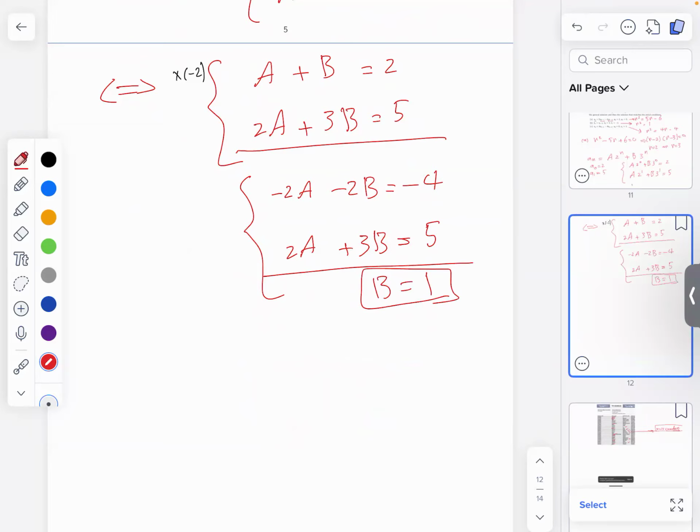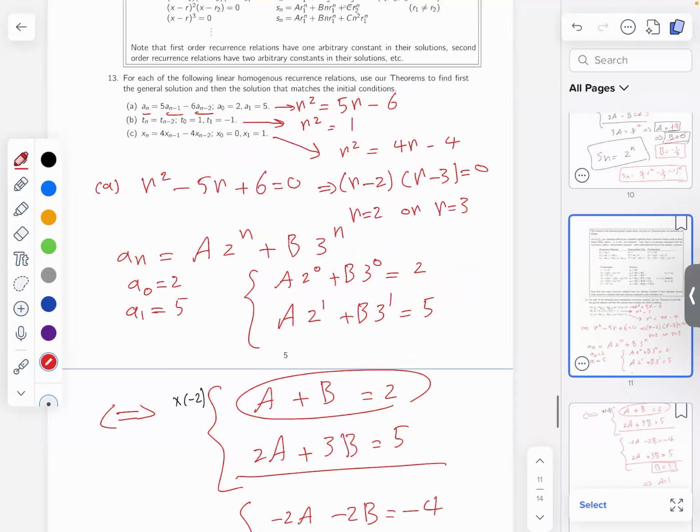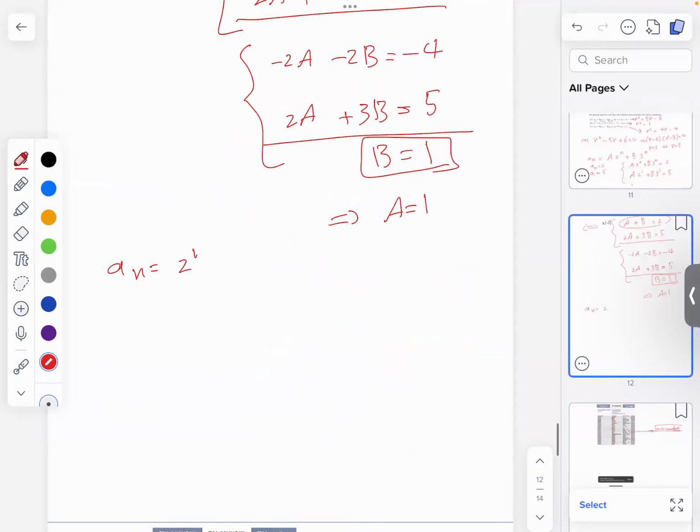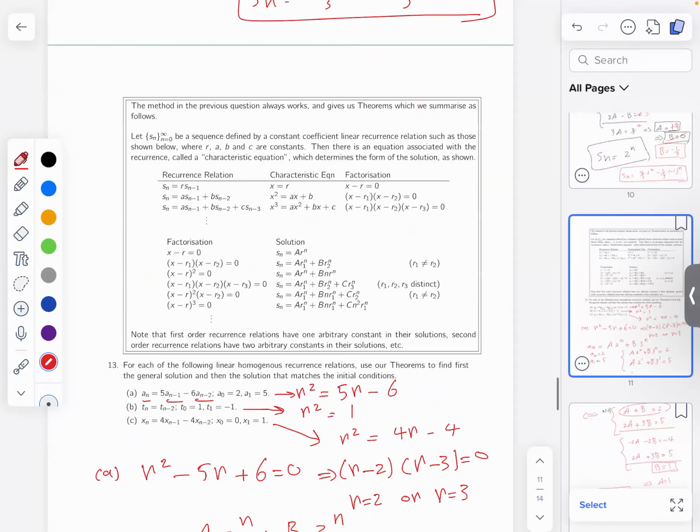And if I use this here, I will be able to get that A is equal to 1. Therefore, an equals 1 times 2 power n plus 1 times 3 power n is the solution.